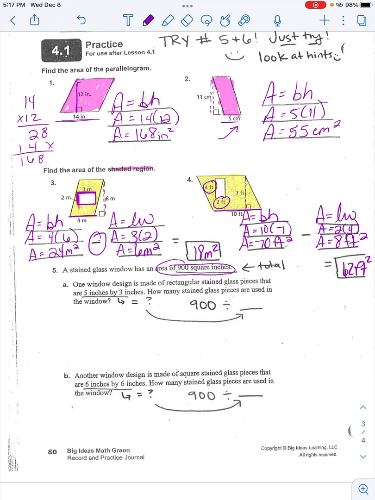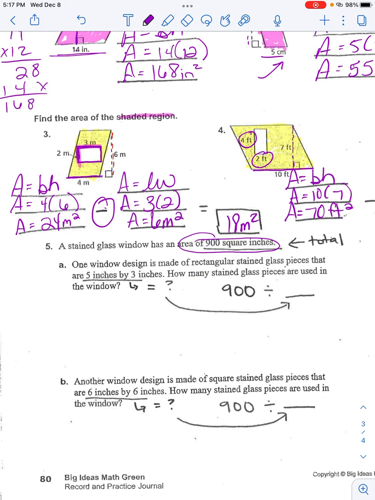One window design is made of a rectangular stained glass that is 5 inch by 3 inch. So listen, one rectangular piece is 5 inches by 3 inches. How many of those stained pieces are used to make the window?